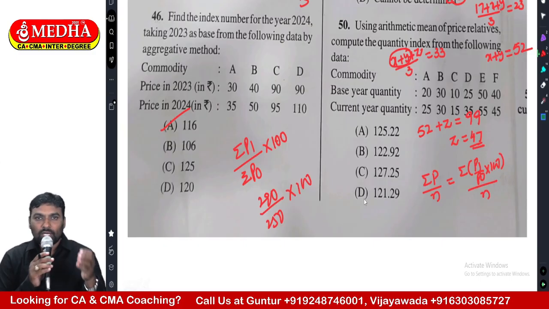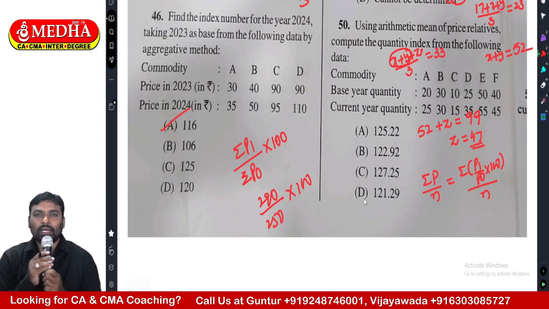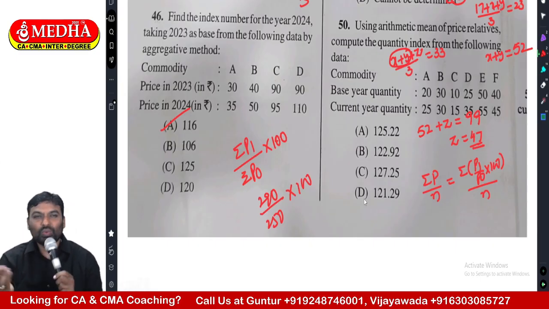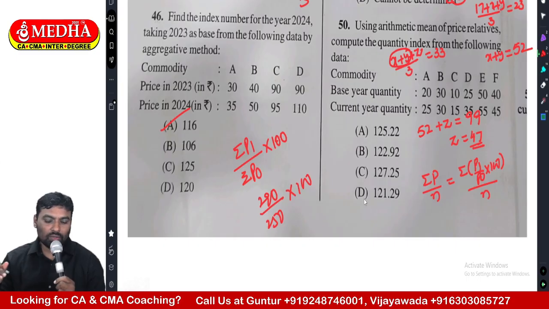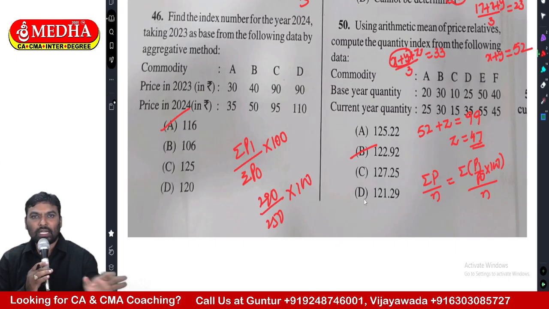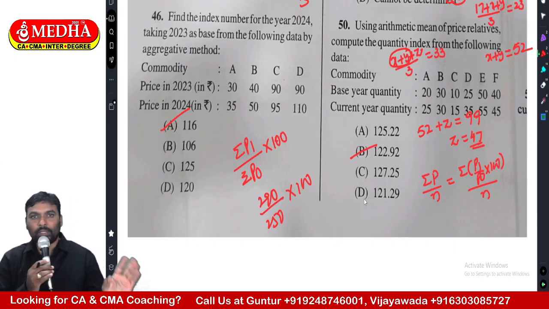For each commodity, first you calculate p value, like that p1 value 25 by 20 into 100, 30 by 30 into 100, 15 by 10 into 100. Like that you calculate up to last commodity some q values. After that you calculate its total value divided by number of commodities. We get 122.92. Then correct option is B.